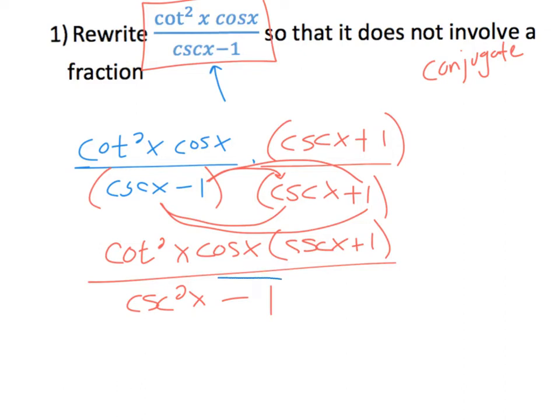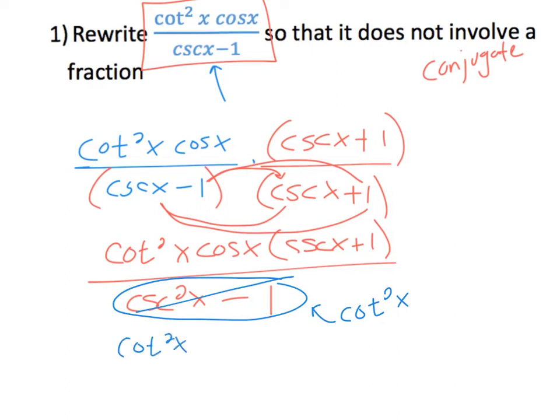Well, notice the bottom, when I did FOIL, that is a Pythagorean identity. In fact, that itself equals cotangent squared if you look back on your notes. And so since that equals cotangent squared, I'm going to directly replace that with cotangent squared. And notice when I do that, the cotangent squareds will cancel.